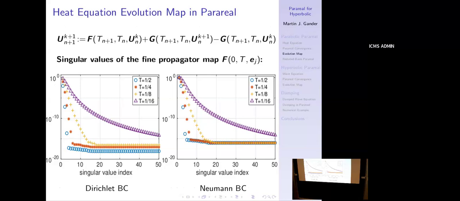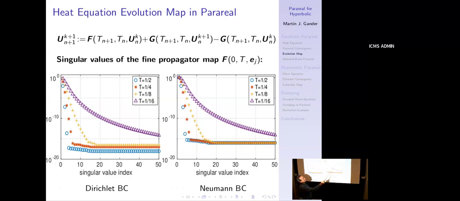So I decided to look a bit more carefully at the mapping in Parareal that is used in this method. So I look at the mapping F. This is a mapping that takes initial data and propagates it across an interval. Here I take it from 0 to t because it doesn't depend on time.